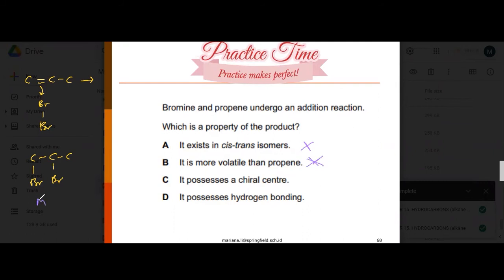Because the Mr of this molecule is higher compared to propene, so it should be less volatile than propene, since the van der Waals forces should be greater compared to propene. It possesses a chiral center. Okay, let's see if we have a chiral center here. Let's compare it with hydrogen.